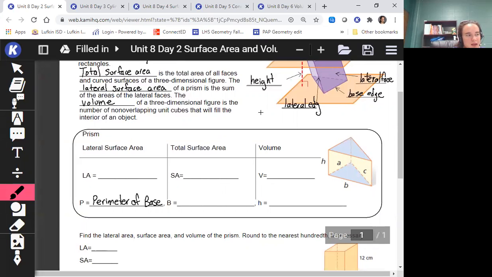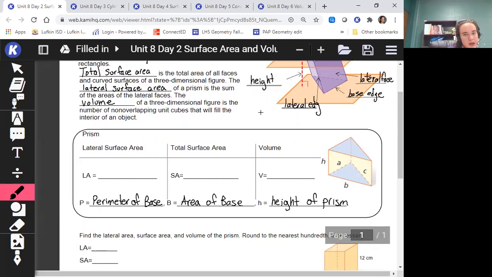Capital B is the area of your base. And the H is for the height of your prism, not to be confused with the height that could be in your base if you're dealing with a triangle. So those are different heights.